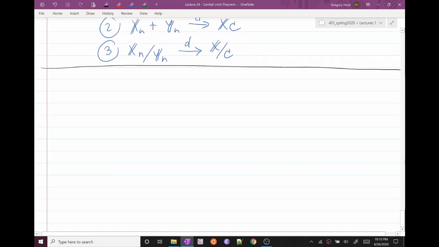Additionally, we have a theorem about transformations of limits and of sequences. And while you might be traumatized by the transformation theorems we've had so far, this one is actually very nice. It's called the continuous mapping theorem.